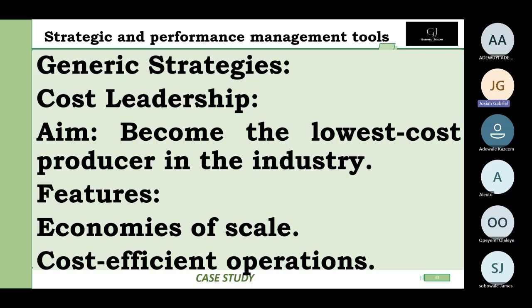Then number 3, speaking to your analytical skills, you need to align or analyze the case scenario with this model. The case scenario should graphically talk about cost leadership, aligned to reducing cost in that industry. The cost leadership element could practically be used to reduce cost in the case scenario.